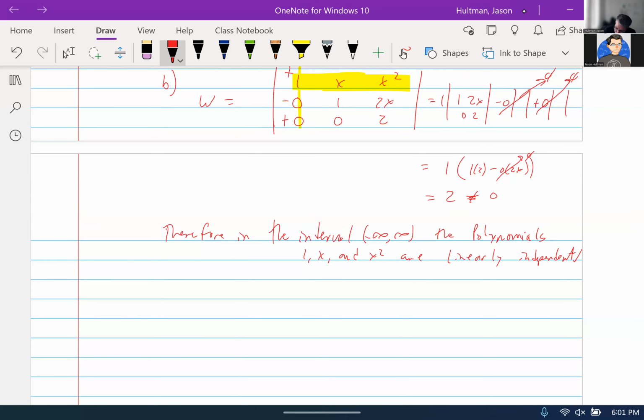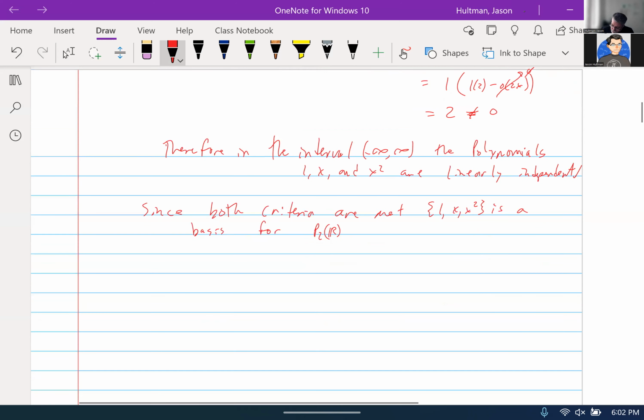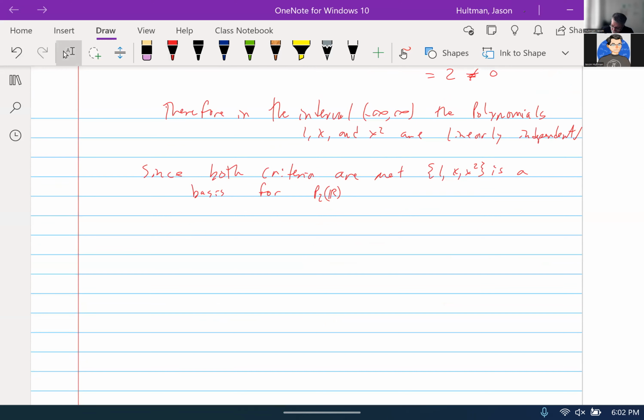Okay, since both criteria are met, 1, x, and x squared is a basis for P2(R). Not only is it a basis, but it's the standard basis. It's the simplest building blocks that we can get for all second degree polynomials.